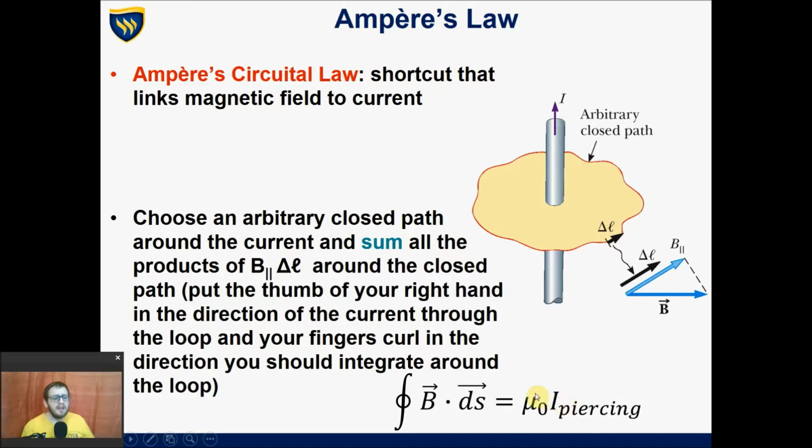Just like with Gauss's law, we had electric flux equals the charge enclosed by the Gaussian surface. Here the path integral about some closed path is proportional to the current piercing the area swept out by that closed path. That is Ampere's law.